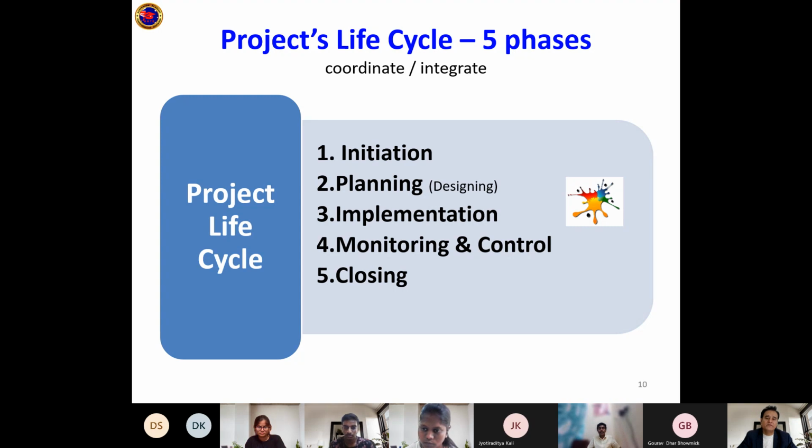For example, people specification. You will say, I will only hire engineers. So that's a specification. You're only hiring engineers. But if you say, no, no, I can hire non-engineers, then you will say, okay, only managers and supervisors will be engineers, but the rest will be leading hands, we call it, or the team leaders. They could be non-engineers. So that's a specification. So you monitor and control whether you hired as per the specification.